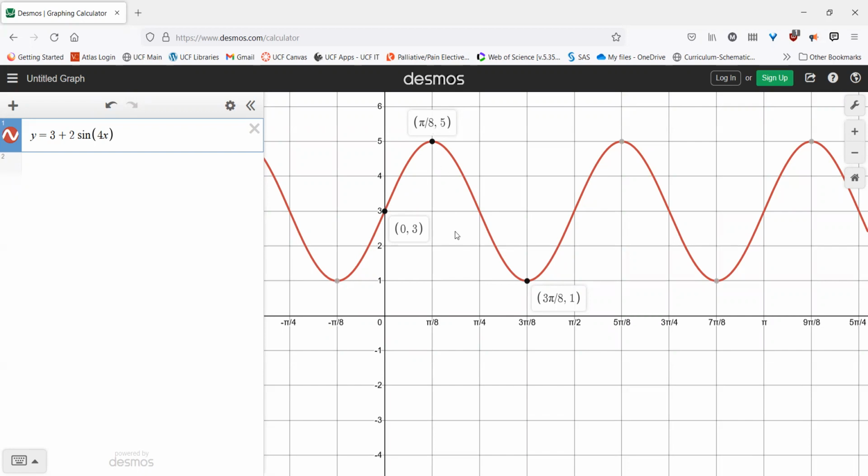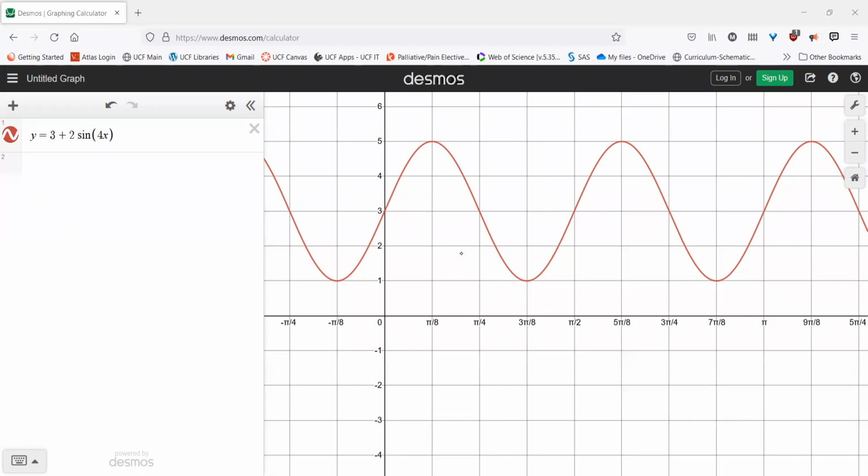Okay, so now working backwards, this one we could look at and we could see what the values are. If we wanted to work backwards though, and we wanted to get the period, so let's pretend we don't have the equation here, we just have the graph, and let's see if we can match up and get the same values.